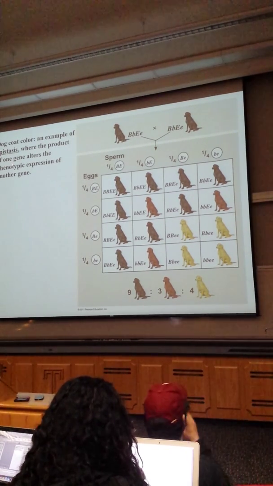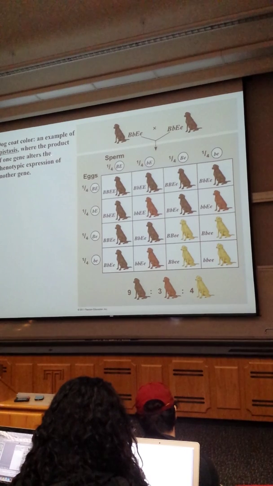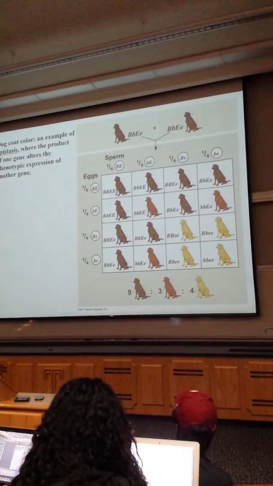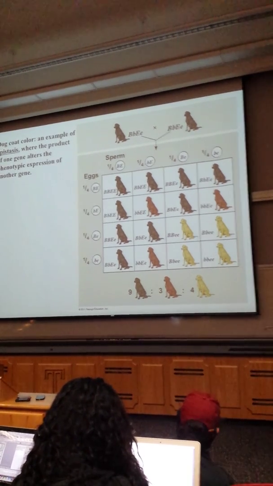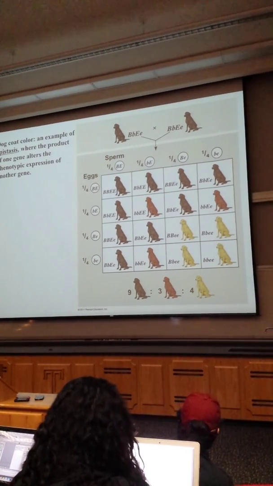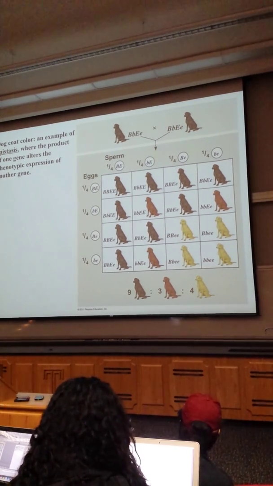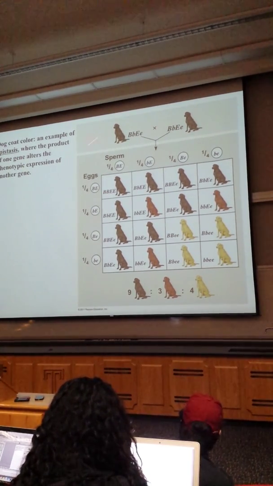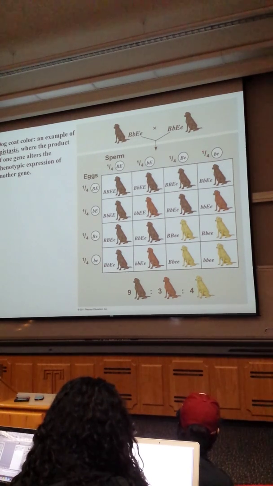The gene that's altering the expression would be the transcription factor, a protein that binds to a gene that then encodes either pigment or enzymes that generate pigment. That's an example of epistasis, and this is the example that you see here.